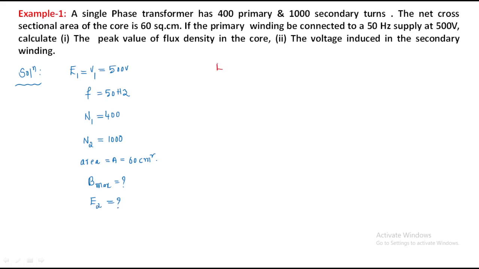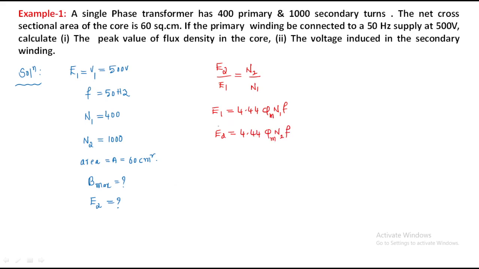So before calculation, E2 by E1 should be equal to N2 by N1, and E1 should be equal to 4.44 phi N1 F. E2 should be equal to 4.44 phi N2 F. Let us take phi M as the maximum value of flux. So these are the equations.